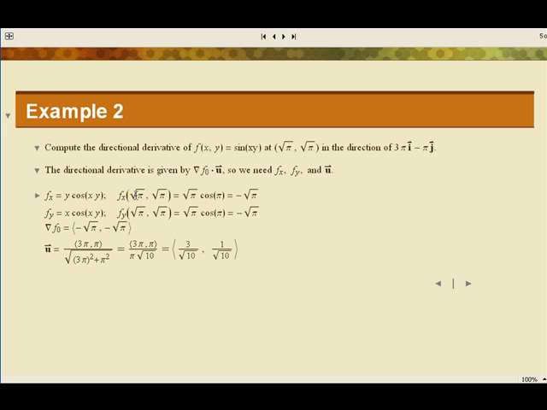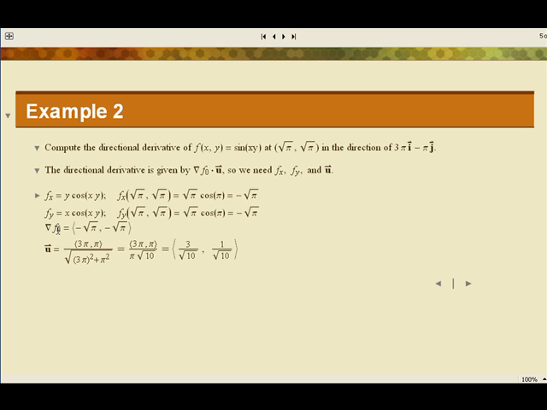Alright, now I can plug in those points. So plug in the root pi, so we get root pi times cosine pi, that's negative root pi. Cosine of pi is negative 1. Same thing for the f sub y. So root pi times root pi is pi on the inside here, and then multiply that cosine of pi, which is negative 1, times a root pi on the outside. So there's my two values for the gradient.